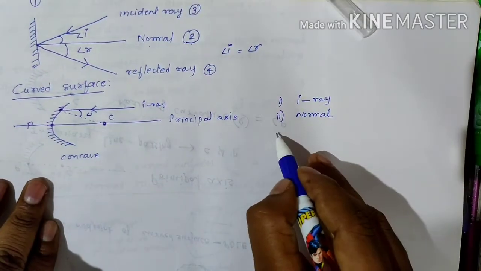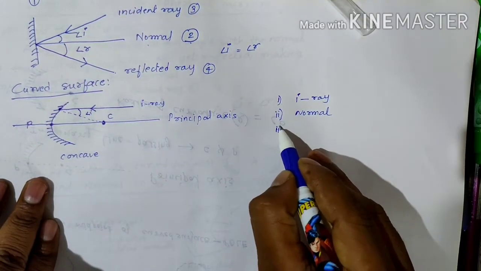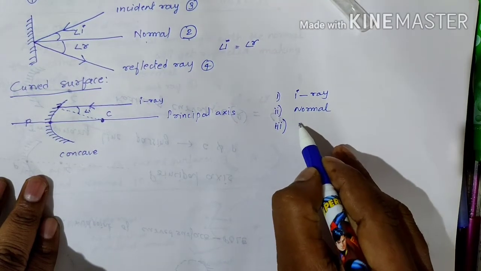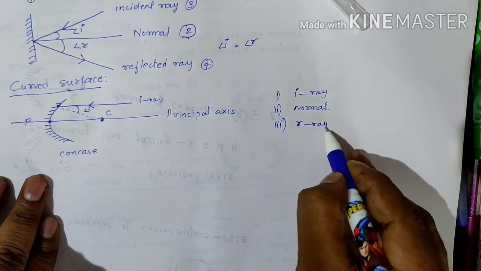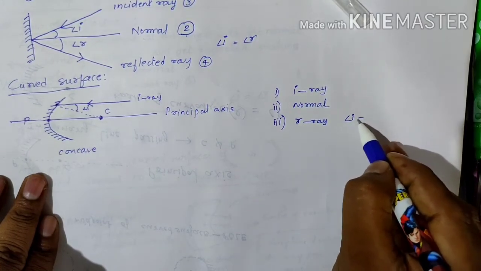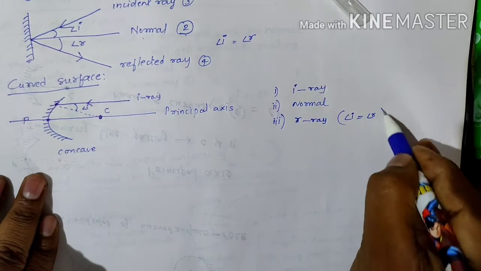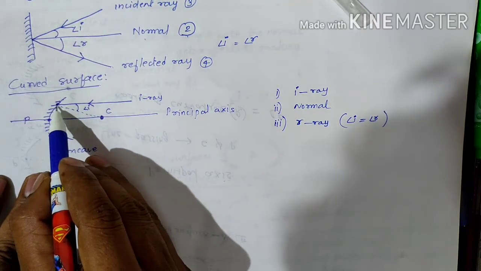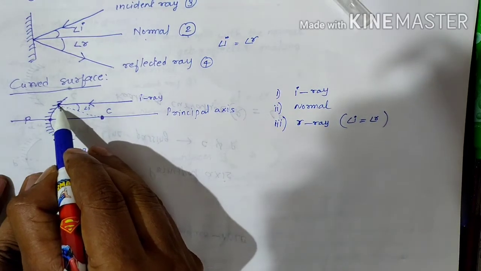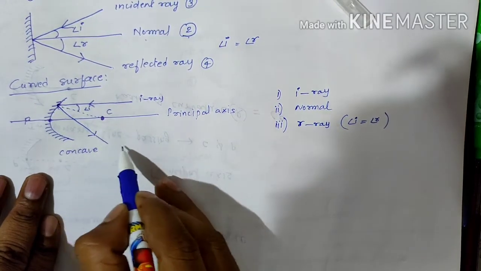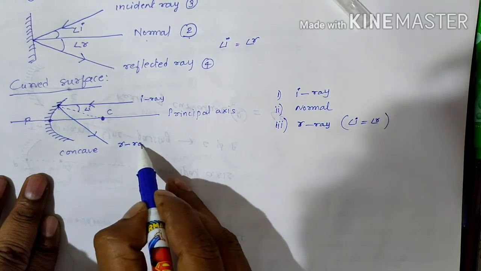After that, we have the incident ray drawn and the normal drawn. Now we have to draw the reflected ray such that the angle of incidence is equal to the angle of reflection. The angle of incidence is this much, so we draw the reflected ray.